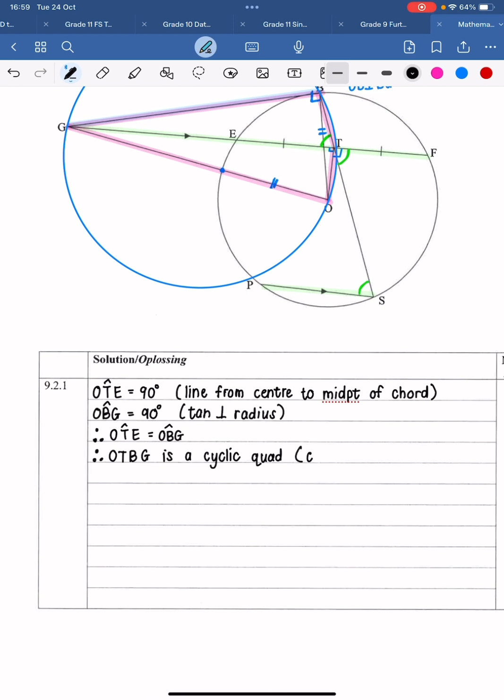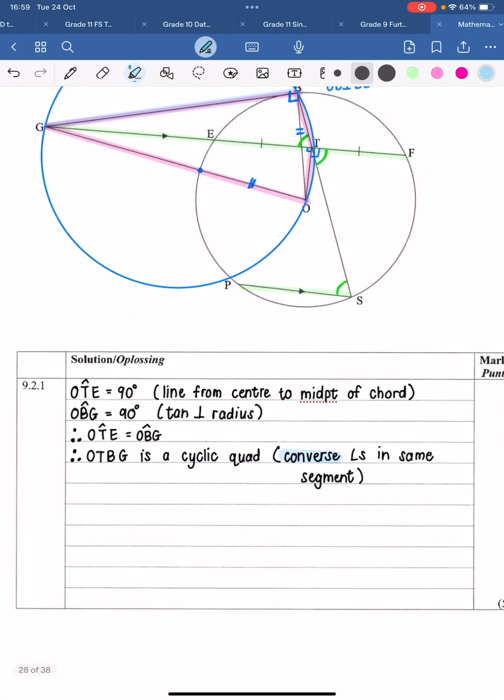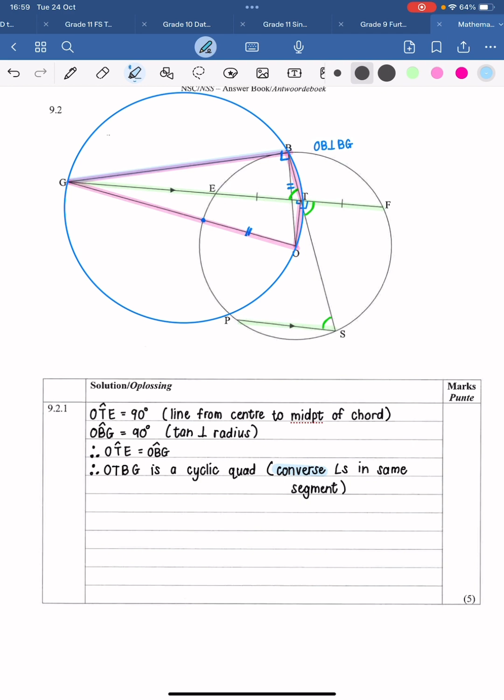And the reason for that is converse angles in same segment. Very important that you have the word converse there, guys. If you just write angles in same segment, you're not going to get the mark. All right, the converse there is saying that you are proving that because you have angles that are equal, they have to be in the same segment of a circle, so therefore it is a cyclic quad.